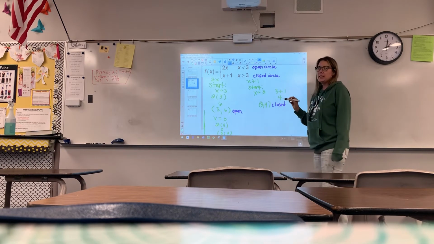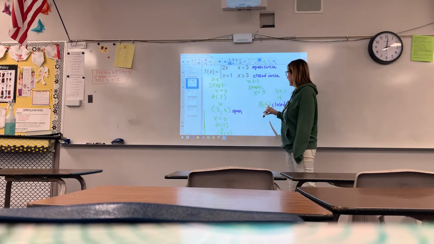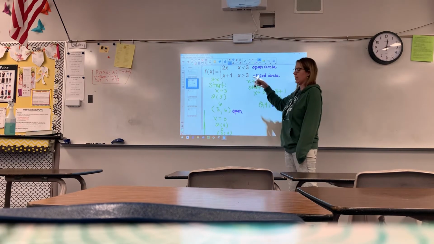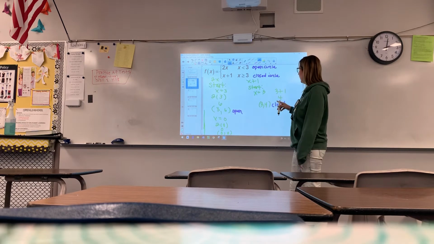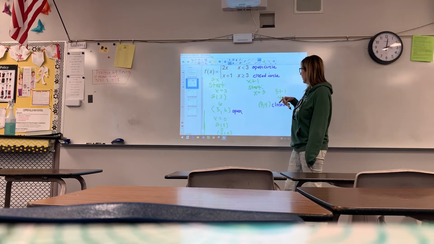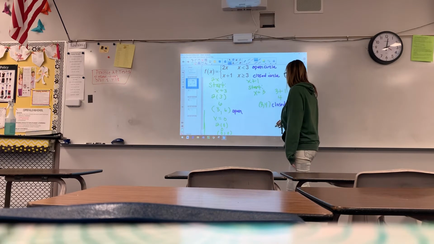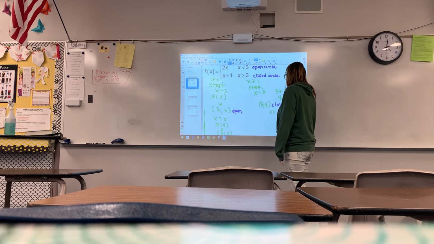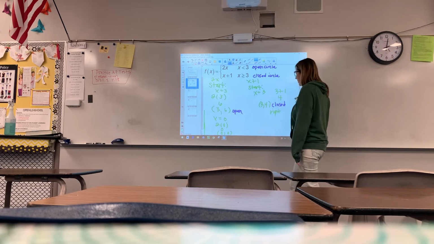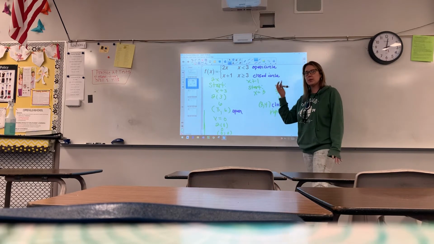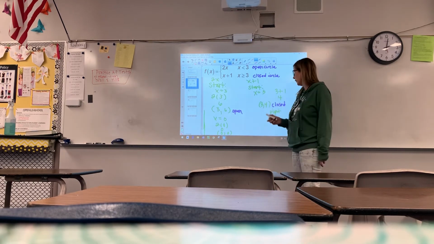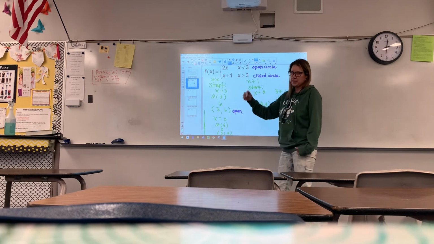Okay, now once again, this graph is a linear graph, so it's a straight line. I can just find one more point, and then if you want to, you can note that this is going to be to the right of 3. A number to the right of 3 or greater than 3 would be 4, 5, 6, 7.